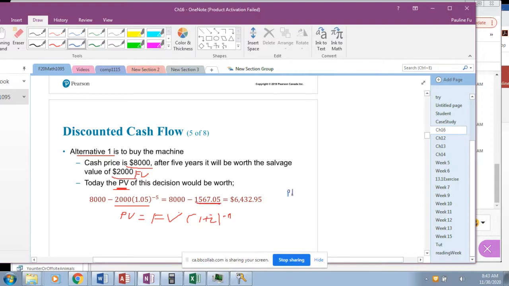You set PY equal to 1, CY is 1, and then 2000 is FV. 0 is PMT. 5 is IY. 5 is term N. Compute PV, and you will get this number.